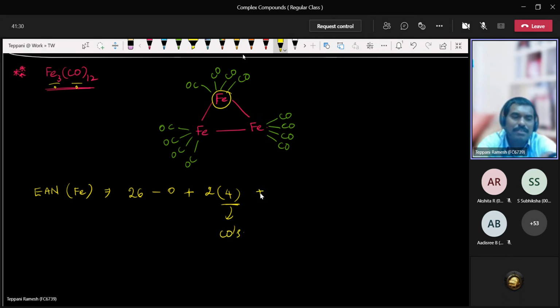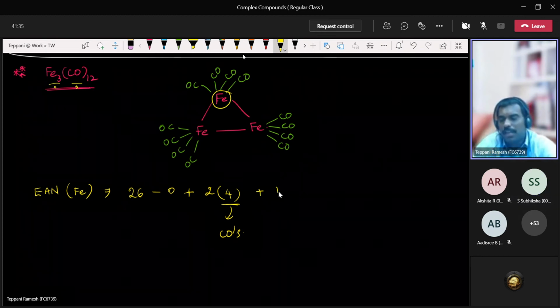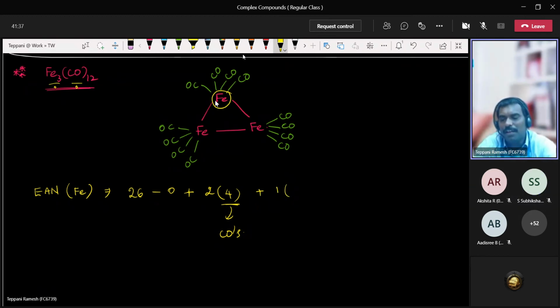Any other electrons it is getting extra? Plus 2, sir, 1 electron by each metal bond. How many metal bonds are there for each iron atom? 2, sir.